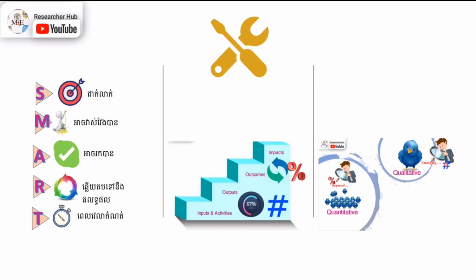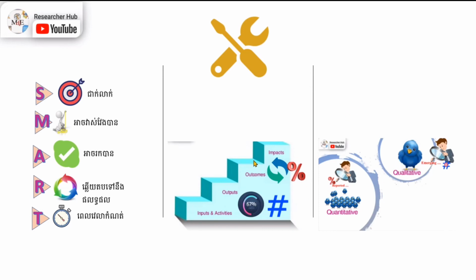And whether we are interested in measuring the quantity or the quality, right? That's the kind of thing we need to take into consideration as well when we revise the indicator.